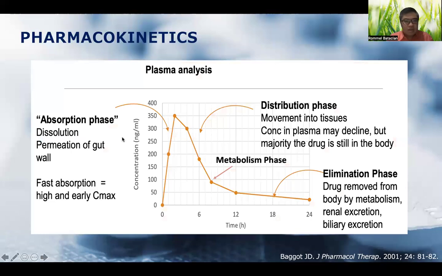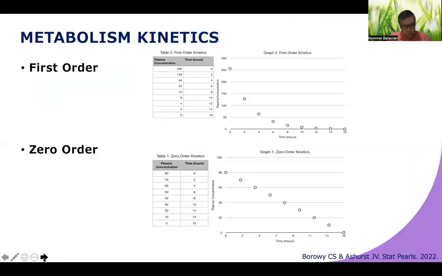So again, we have discussed the absorption phase, which is part of the input, and then the distribution part, and then eventually the serum levels decrease because of metabolism, and eventually the drug is removed or eliminated by the body, either by the kidneys or the liver. So there are two different models if we talk about how the drug is metabolized and removed from the bloodstream.